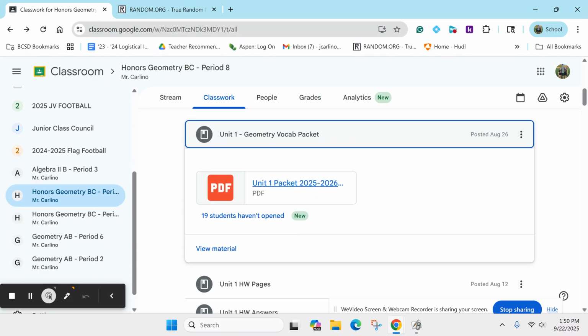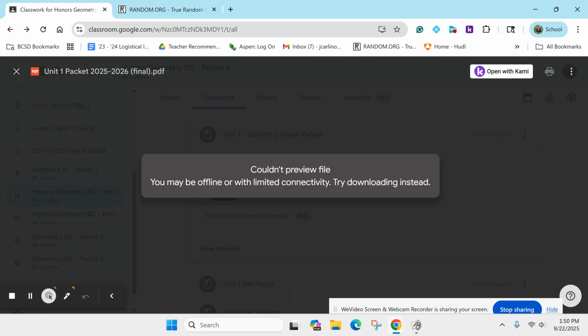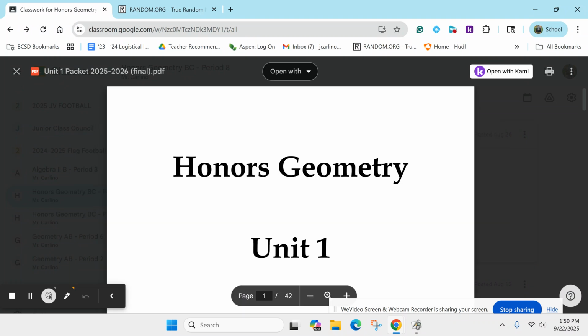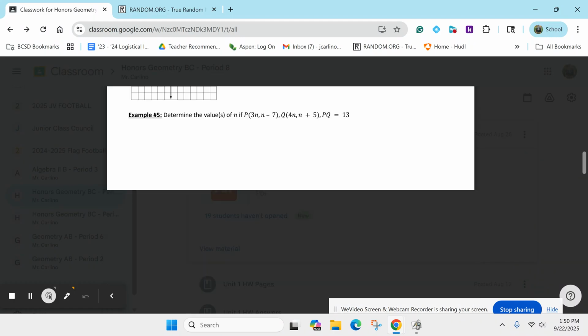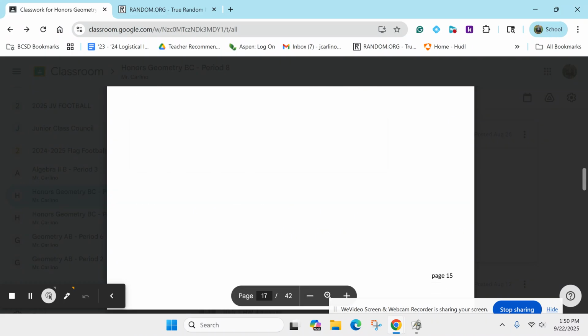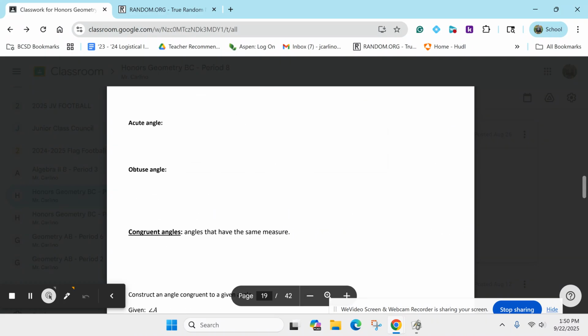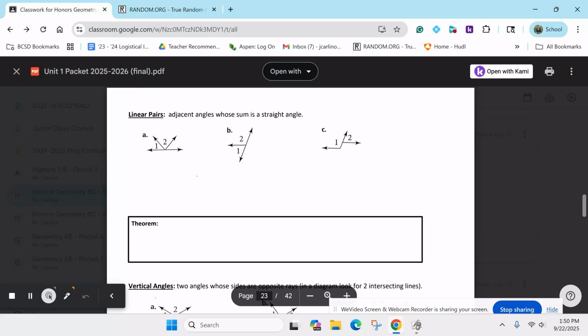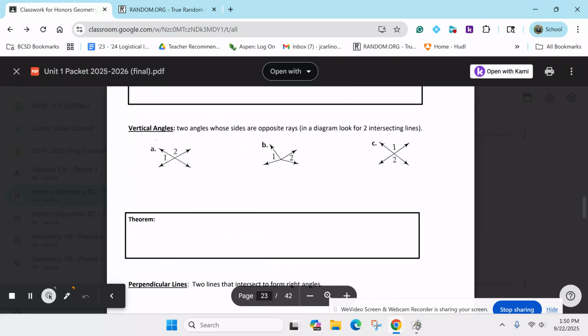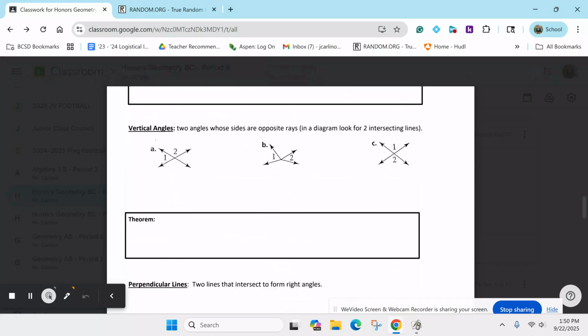Let me bring you to the day we did vertical angles. Oh, right there. There's the day we did vertical angles.